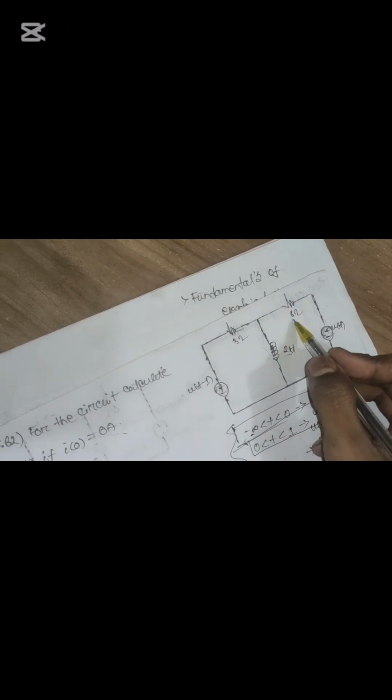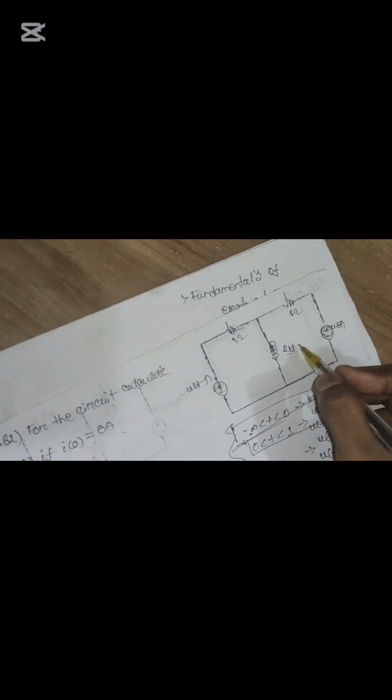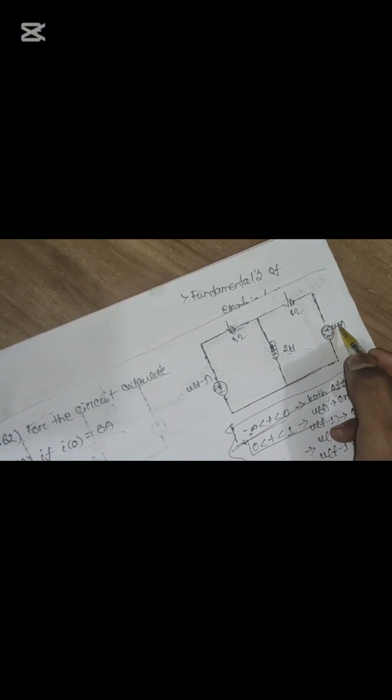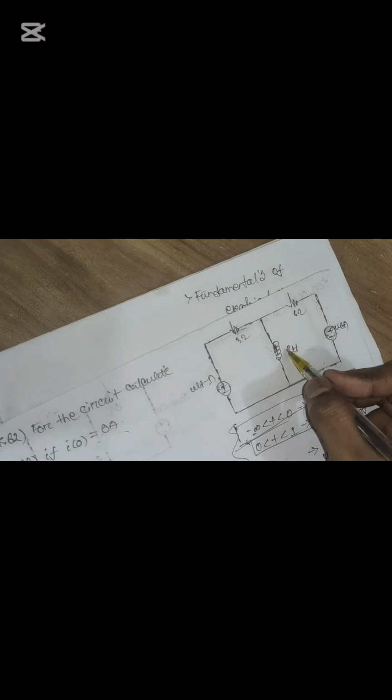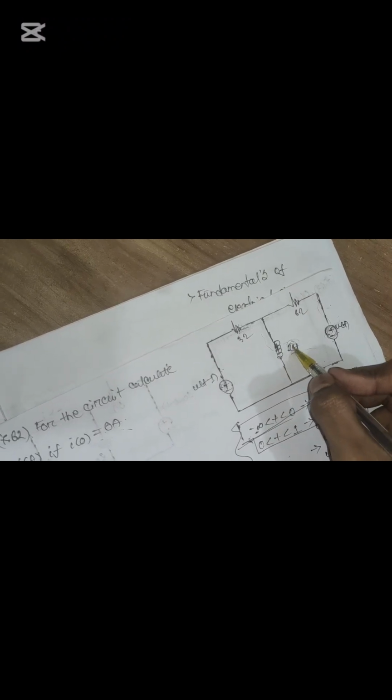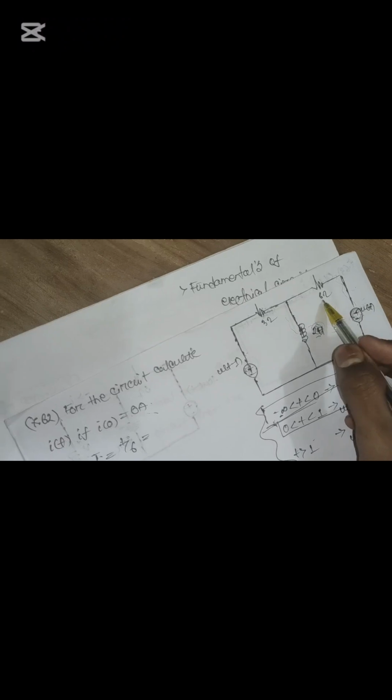So there will be no current flowing through the 3 ohm resistance. Now the value of current in this inductor will be i equals 1 by 6, or V by R. What is the value of V? V equals 1. And R is 6. So it will be 1 by 6 ampere.